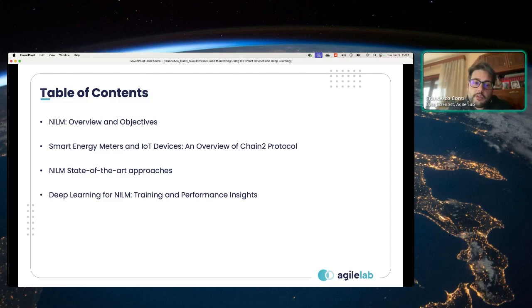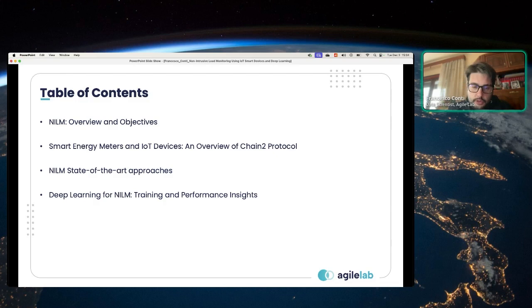Next, I want to give you an overview about state-of-the-art algorithms in this field. And finally, I want to share some thoughts about a deep learning paper architecture that we used in our work and some consideration about that.